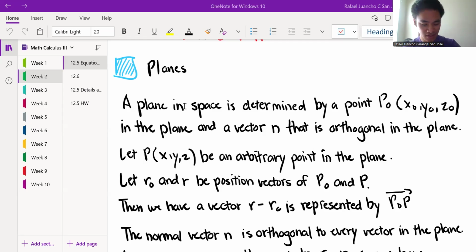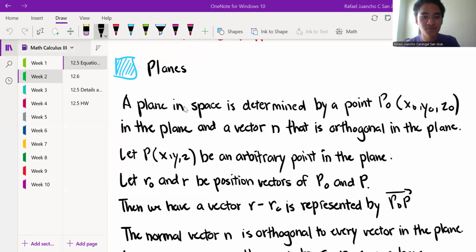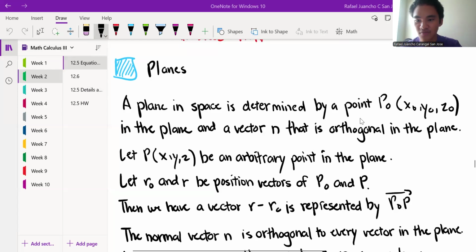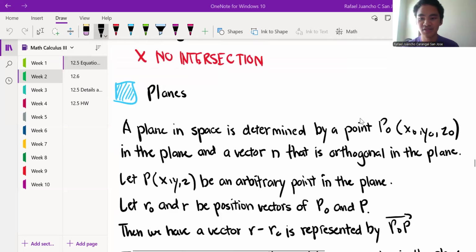Okay, so here's how we're going to do it. I'm going to read this and explain it while I'm reading it, or give visuals. A plane in space is determined by a point P naught, (x naught, y naught, z naught). So we need an initial point in the plane.